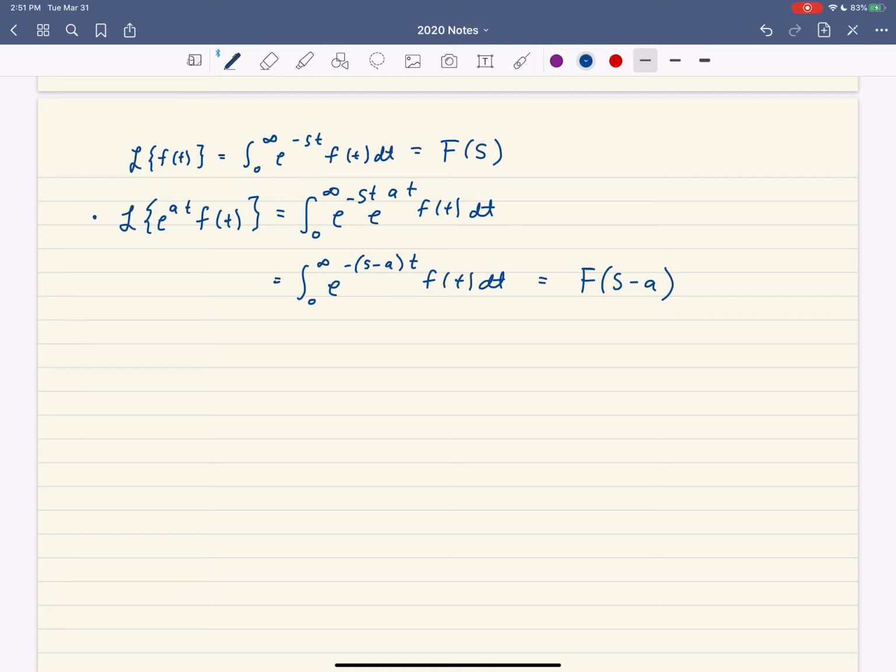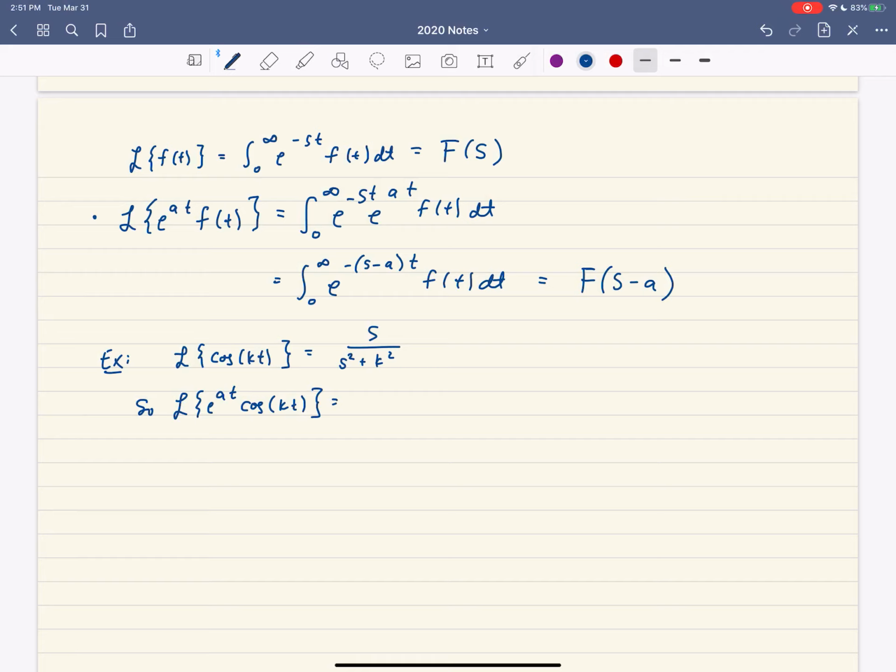So for example, let's remember a few of our favorite functions. We know that the Laplace transform of cosine of kt is s over s squared plus k squared. So if I take the Laplace transform of e to the at cosine of kt, before I write it, think about what's going to happen.